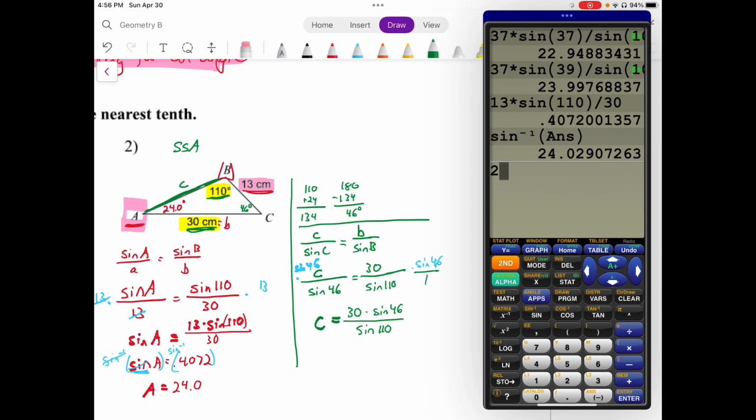And we're going to plug that right into our calculator. And we get 30 times the sine of 46. Make sure you close the parentheses. Divided by sine of 110. And we get that side C is 22. Actually, if we're rounding to the nearest tenth, it ends up being 23.0.